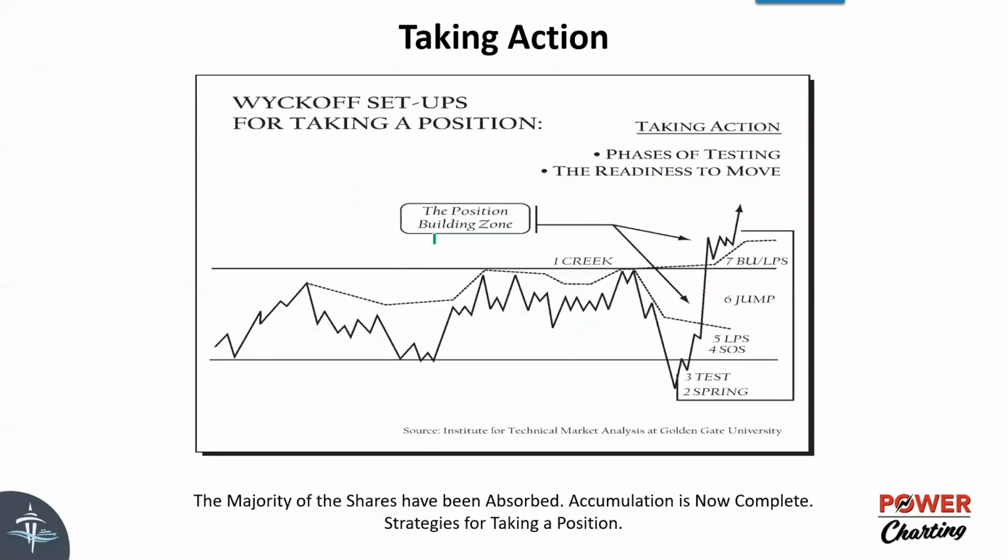And here is something else I want to just review with you, and that is the idea of where do you take a position in a stock. This was a great chart that we had in our class. And here is the accumulation setup. And then you have a spring and a test, or often a last point of support, which is a higher low. A spring is a place where we look for an entry position, and there are certain characteristics of price and volume that will help confirm this.